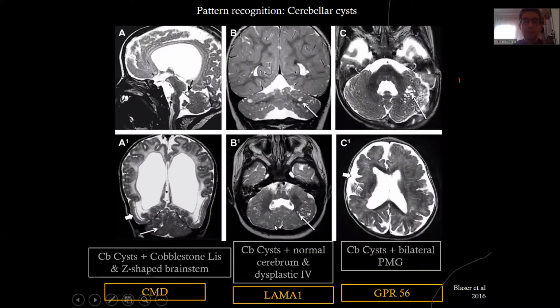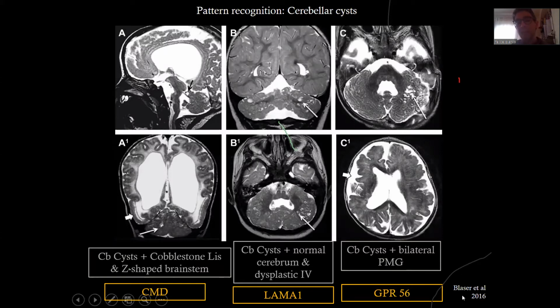Like cerebellum is abnormal, and how is it abnormal? There are cysts. And then you add things. Here there is nothing else. Here there is Z-shaped brainstem and a malformation of the cortex. Here there is another kind of malformation of the cortex. So you put things all together and you can actually try to attempt the diagnosis.